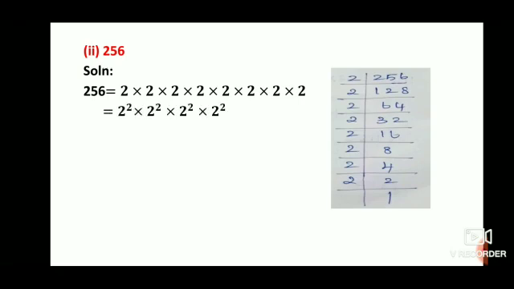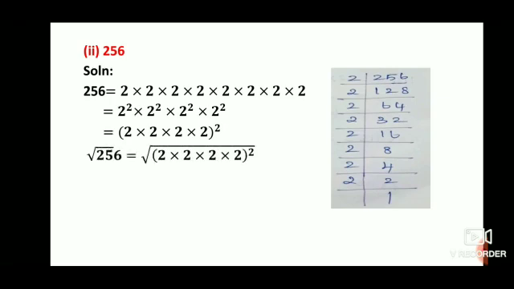So 2 into 2 is 2 squared, into 2 into 2 is 2 squared, into 2 into 2 is 2 squared, into 2 into 2 is 2 squared. So 2 into 2 squared into 2 squared is 2 into 2 into 2 into 2 the whole squared.